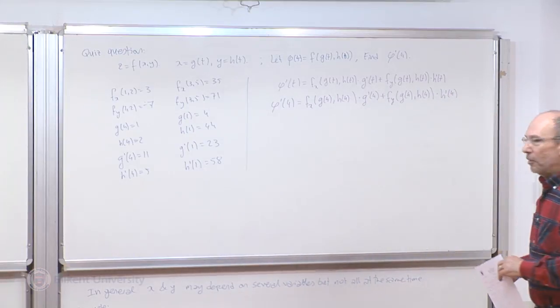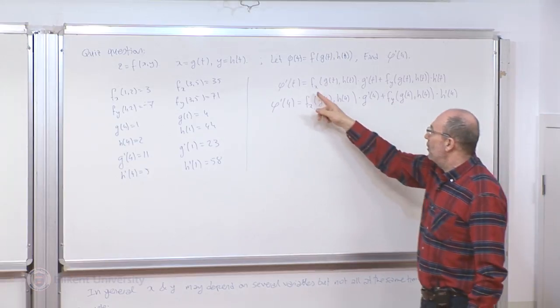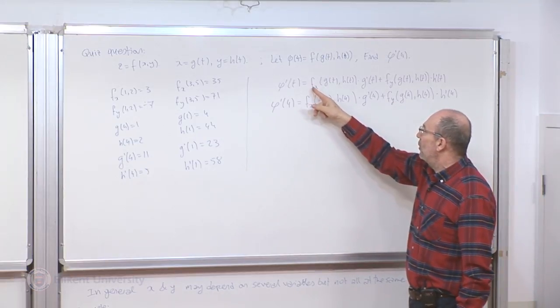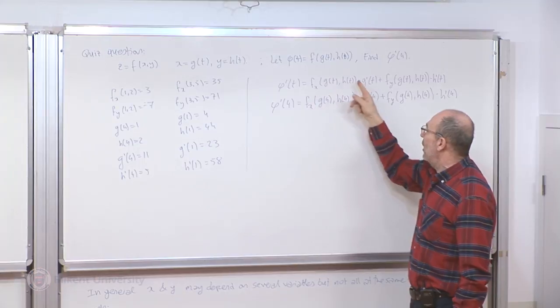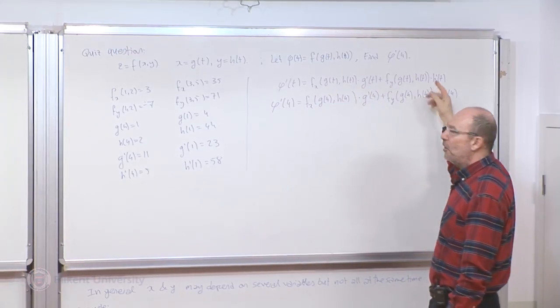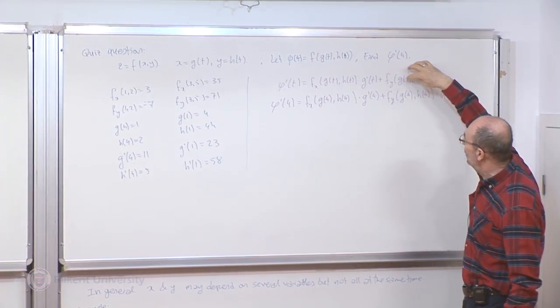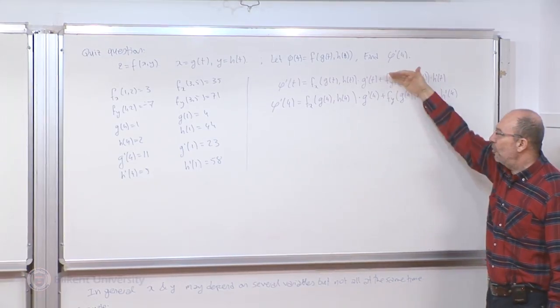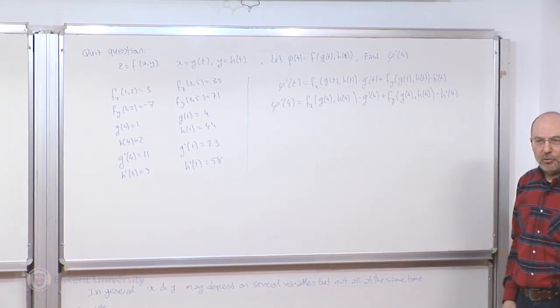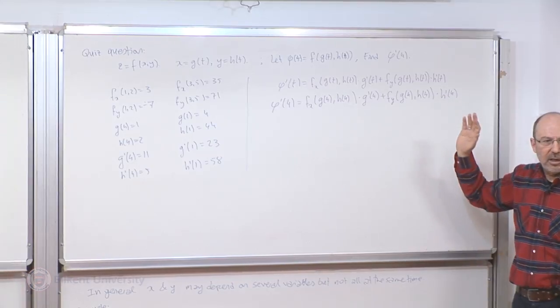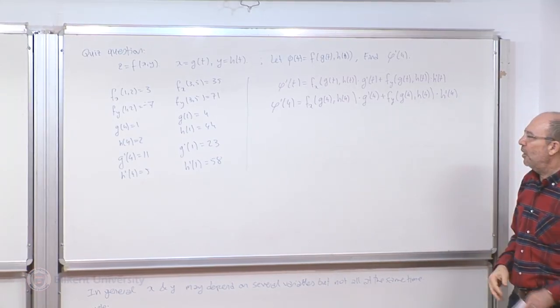Normally you just write derivative of f with respect to x times g prime plus f_y times h prime, and in your mind you know that the numbers should be evaluated there. So this generally flashes through your mind in a second. You don't need to write it, but just as a demonstration I'm writing it.